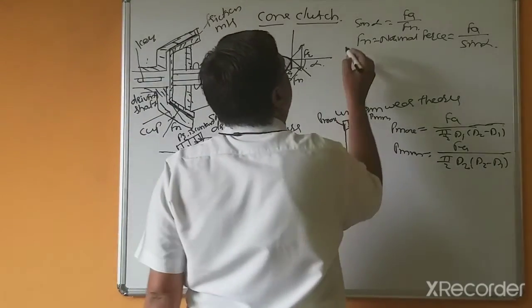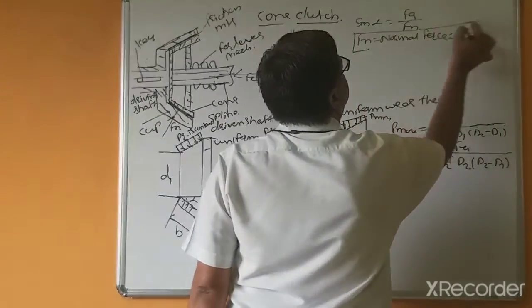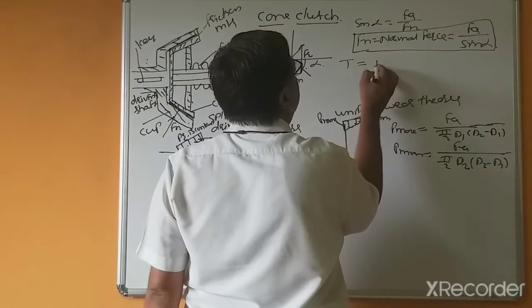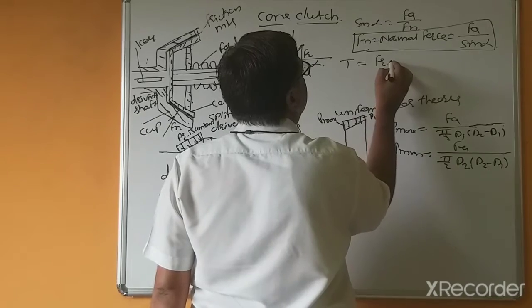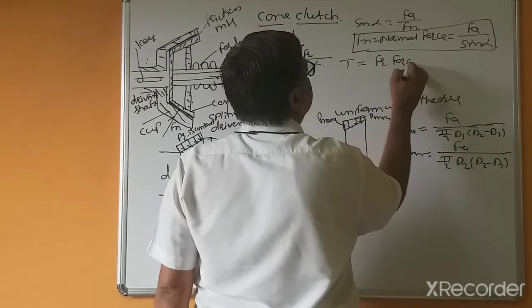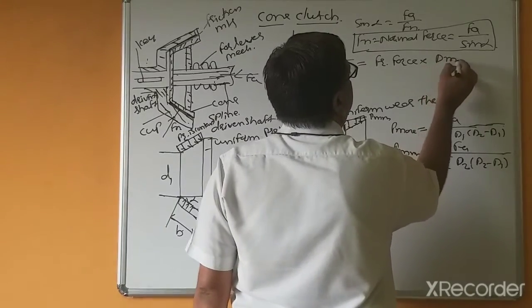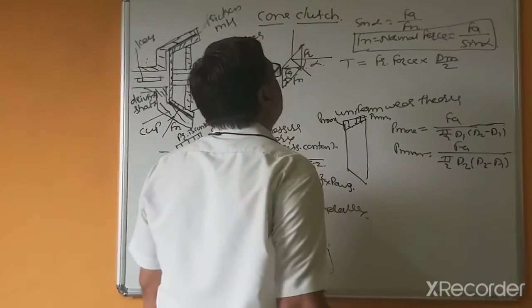Now torque equals frictional force multiplied by dm divided by 2.